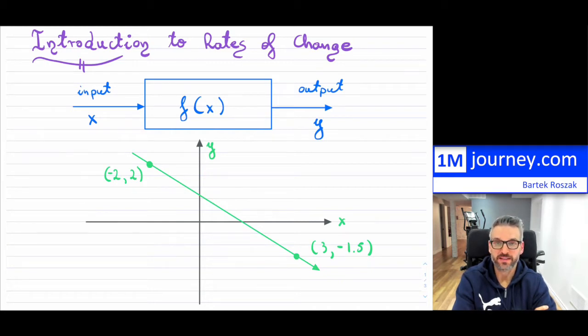The idea is still that you have an input, an independent variable, some quantity, which is applied to some function, and then it provides you an output, which is the dependent quantity. Rates of change is nothing else but how your output is changing with respect to your input.